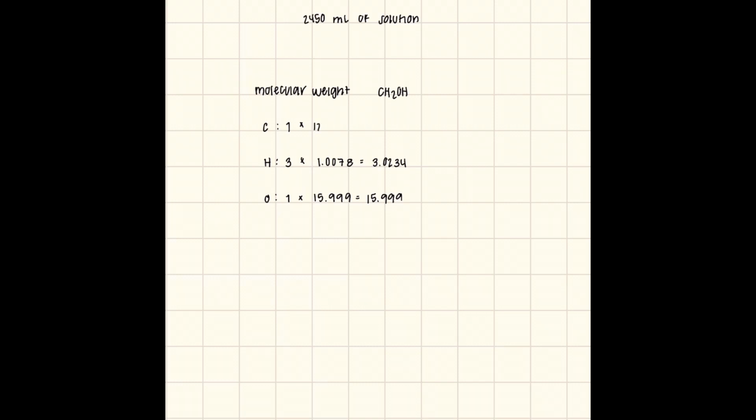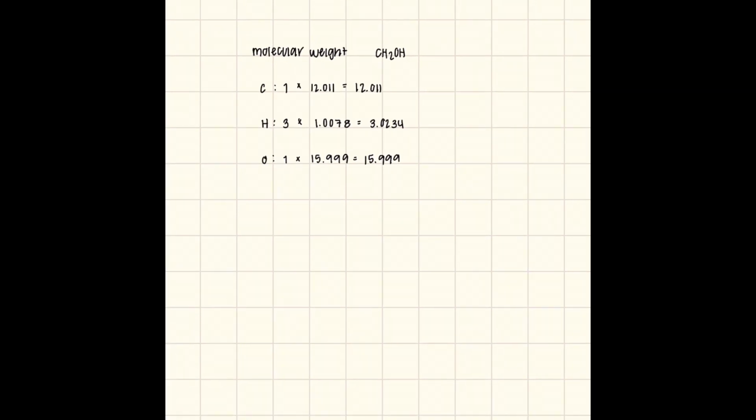And lastly, carbon, 1 times 12.011 equals 12.011. It may seem a little silly to multiply by 1, but like I said, it's a really good organization tool. Next, we have to add these all up to figure out the total molecular weight. So you're going to do 12.011 plus 3.0234 plus 15.999.